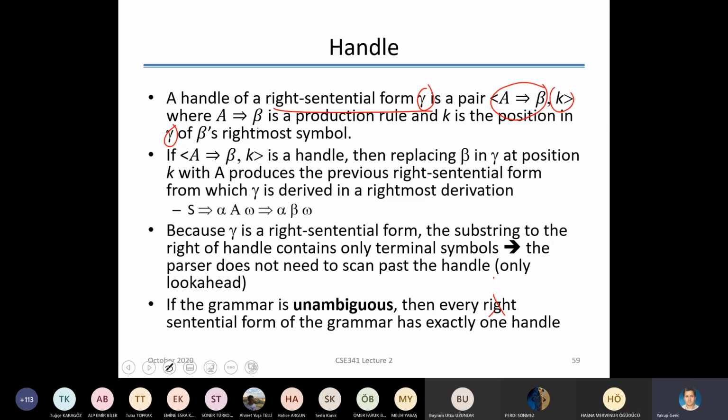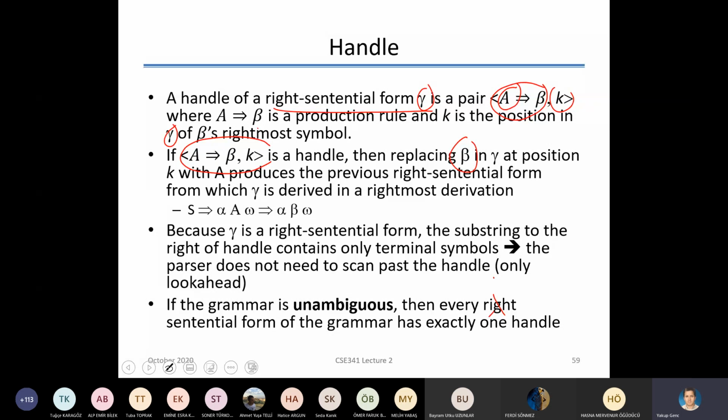And if this is a handle, then replacing this beta in lambda at position K with A, which is the left-hand side of this rule, produces the previous right sentential form, in a way that lambda is derived in a rightmost derivation.